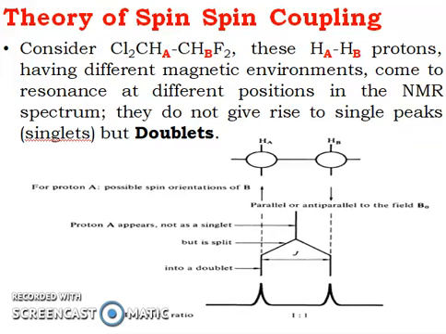Hence, we have taken this particular example, dichlorodifluoroethane. In this example, we will discuss the theory behind it: why that particular peak is split into a doublet, why the proton of B will be splitting into a doublet, and what the reason behind it is.